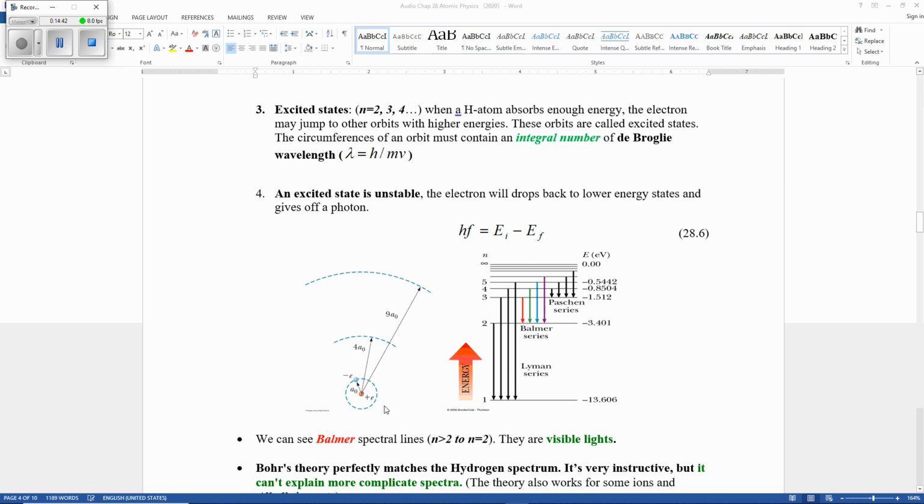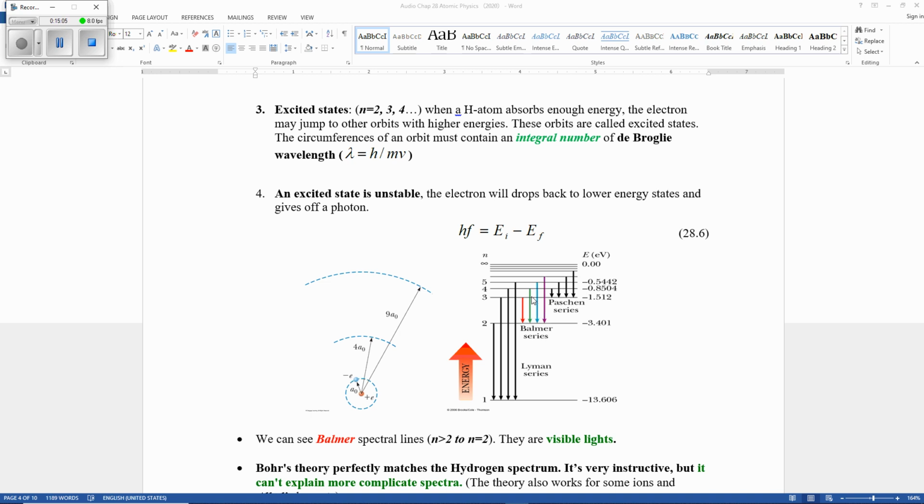Look here. When the atom absorbs energy, the electron will go to higher and higher energy levels, but they are not stable, so the electron will come back. Let's say from the third one back to the second one, you're going to see the red color.